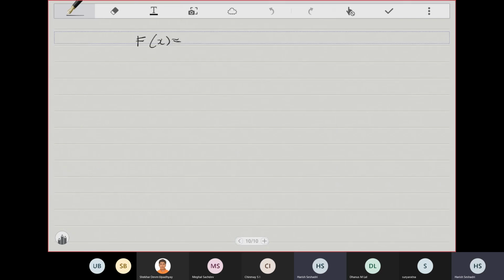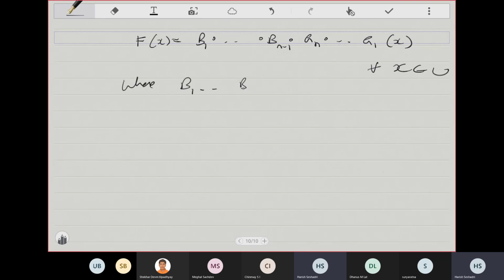where I can write this as B1 composed with B_{n-1}, then G1 composed with Gn, all the way up to G1 of x for all x in U, where B1 etc. are flips and G1 etc. are primitive.